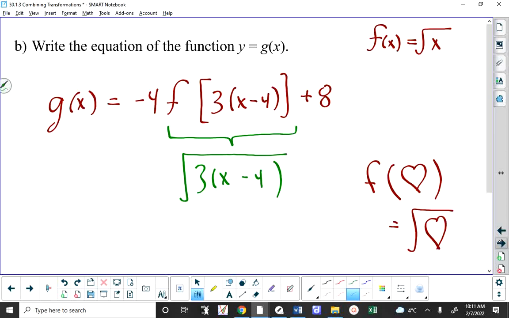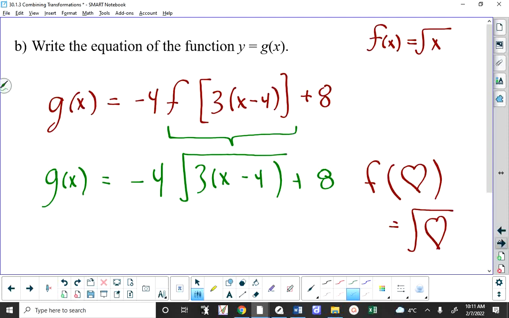However, the negative 4 happens afterwards and the 8 happens afterwards. So after you operate on x, which is a horizontal change, then you're going to multiply by negative 4, which will change things vertically. Then you're going to add 8, which will change things vertically. So the a and the k are outside of the function, which means the a and the k are operators on y. Just something to think about. It's not a crucial idea. So that's the equation of the function.